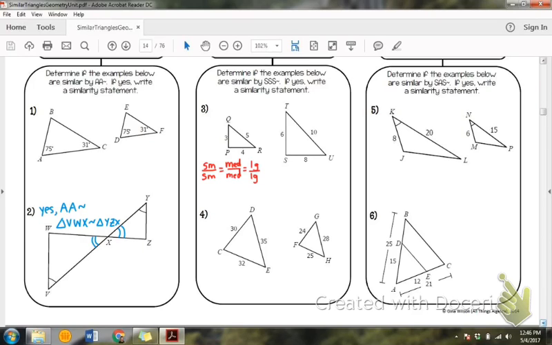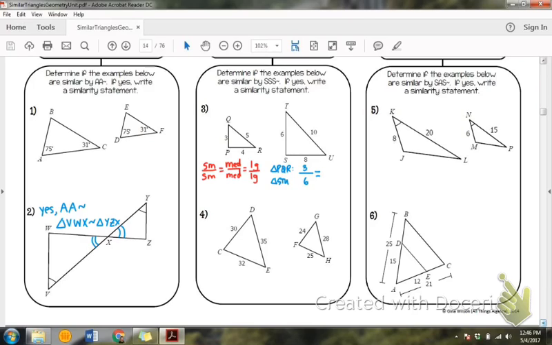Okay, so in triangle PQR, what's the small side there? The smallest side in PQR is what? 3, right? It's PQ, it's 3. So I'm going to write 3 over, and what about in triangle STU? What's the smallest side? 6. Those are going to go together.